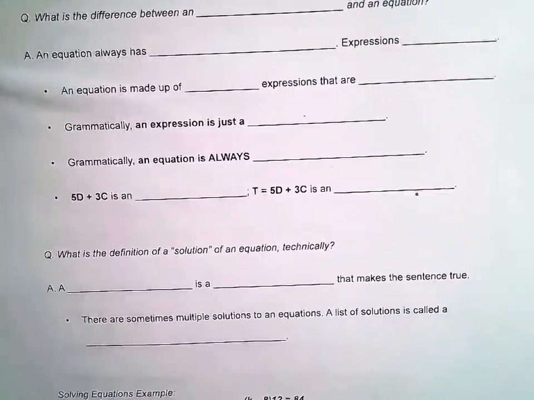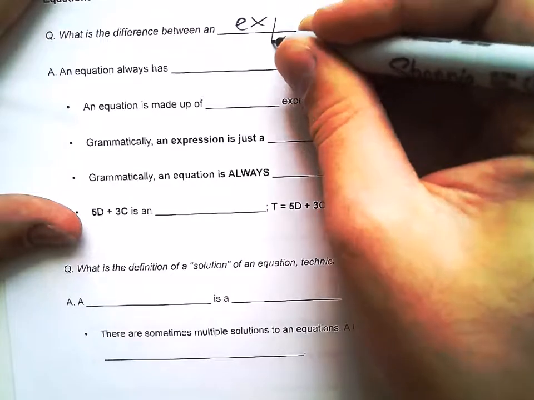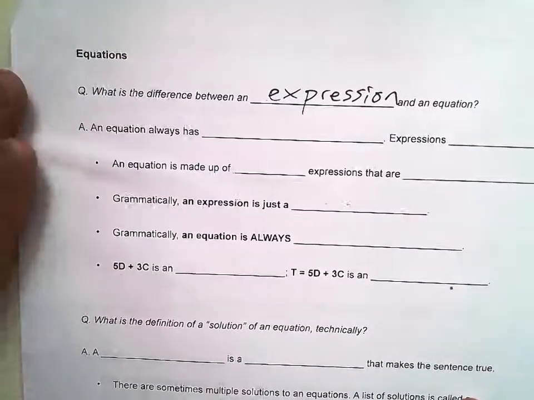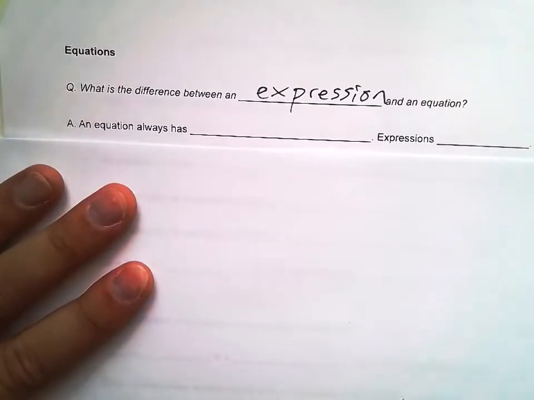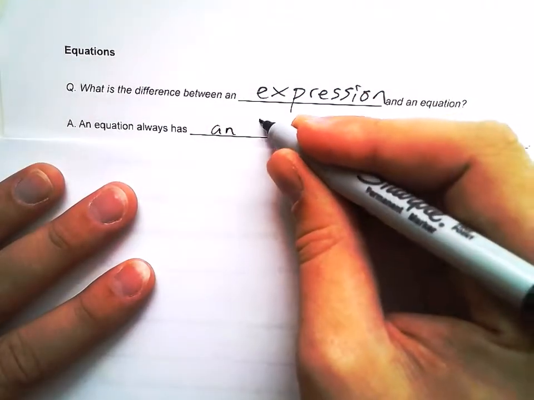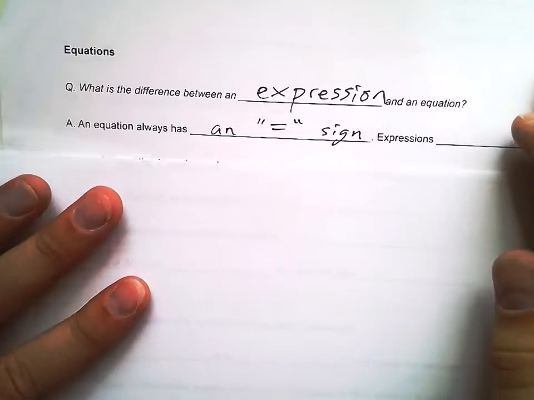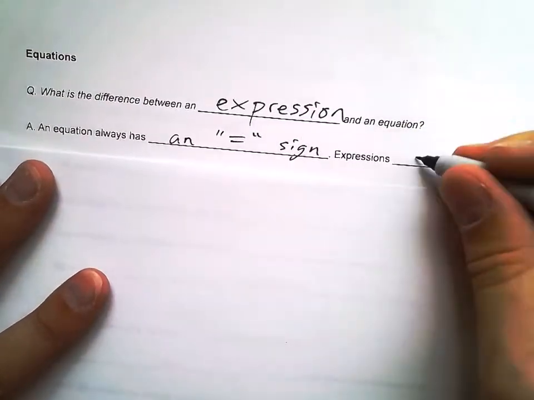Okay, last page. Equations. What is the difference between an expression and an equation? An equation always has an equals sign. Expressions don't.